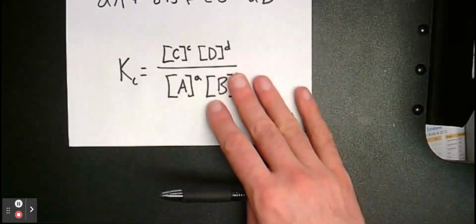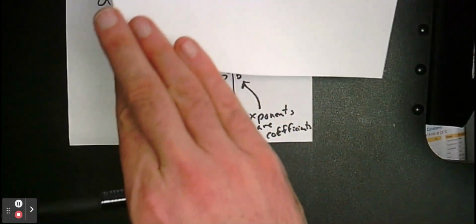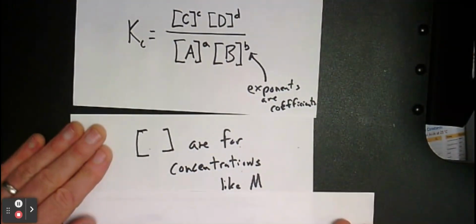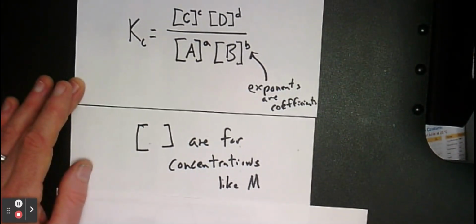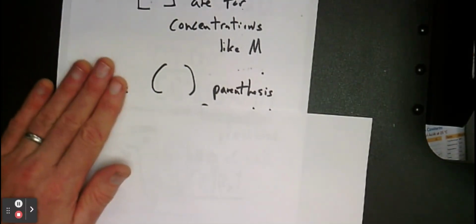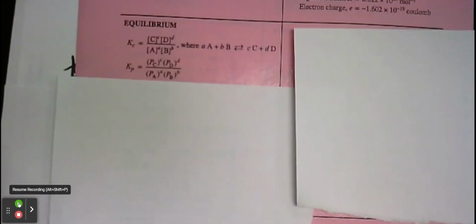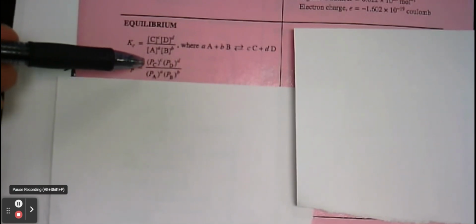These brackets are for concentrations like molarities. Now, you'll see other ones where they're in parentheses. You'll notice right here, they're in parentheses. This means they're talking about a partial pressure of various things.